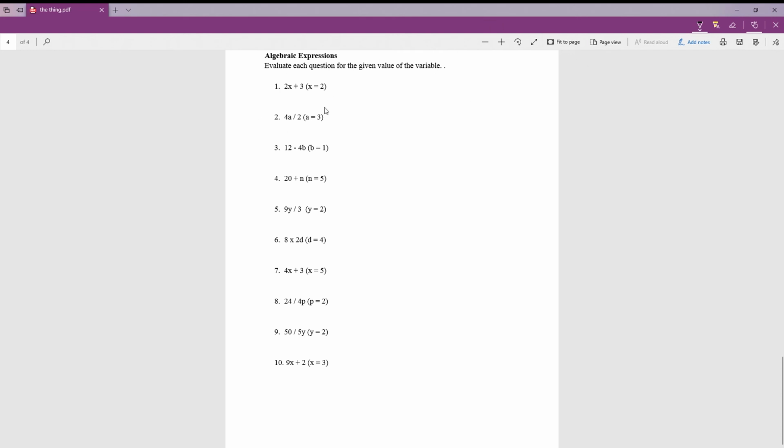Lastly, we have algebraic expressions. Evaluate each expression for the given value of the variable. So essentially, all you're doing is plugging in the number for the variable. So it's pretty simple.